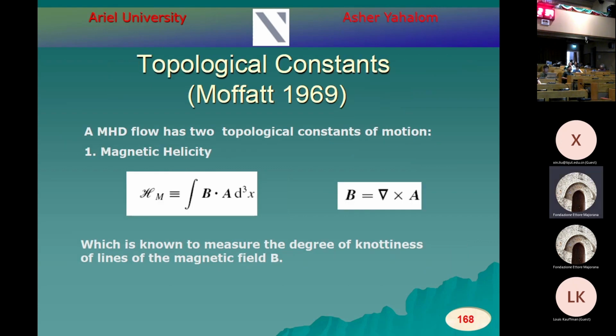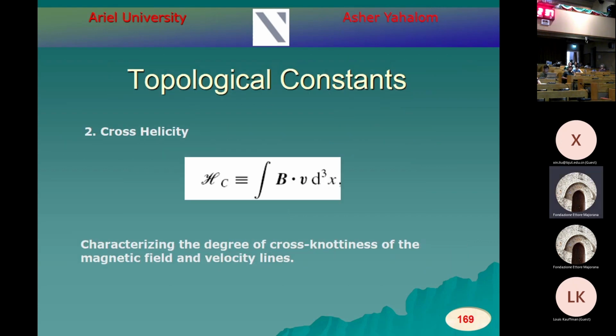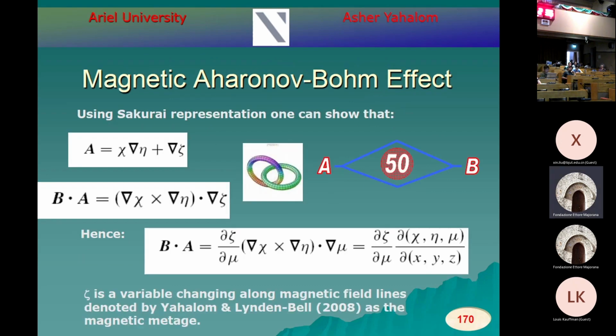Okay, so if we look, for example, at magnetic helicity and cross helicity, you can write the vector potential as chi grad eta plus the gradient of some function zeta, and B dot A would be this term, and then you get a derivative of zeta with respect to mu times a Jacobian.